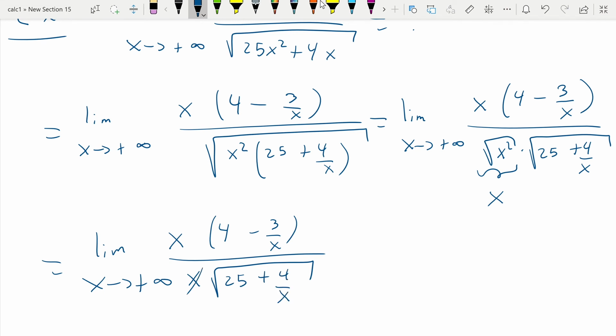We may cancel the x's here, and this goes to 0, this goes to 0 as well, and we get then 4 over the square root of 25, which is 5, so that will be our answer.